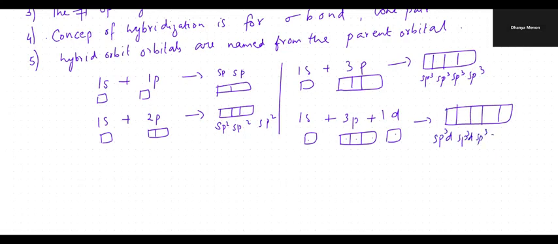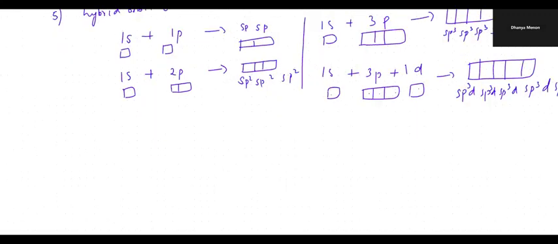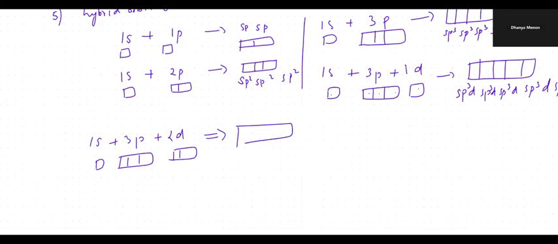Again, if I have 1s, 3p, and 2d combining together, you get 6 hybrid orbitals, 1, 2, 3, 4, 5, 6, each of them sp3d2.